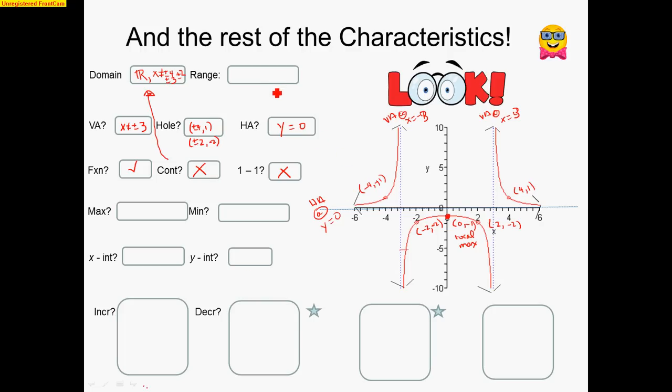I'm going to skip the range for a minute, and I'm going to go down here to max and min. You are at the point now where when I say max and min, you need to think local and absolute. I don't have to say it. You have to say it. So, these arrows here should talk to you about absolutes. Is there any absolute max or absolute min given those arrows?